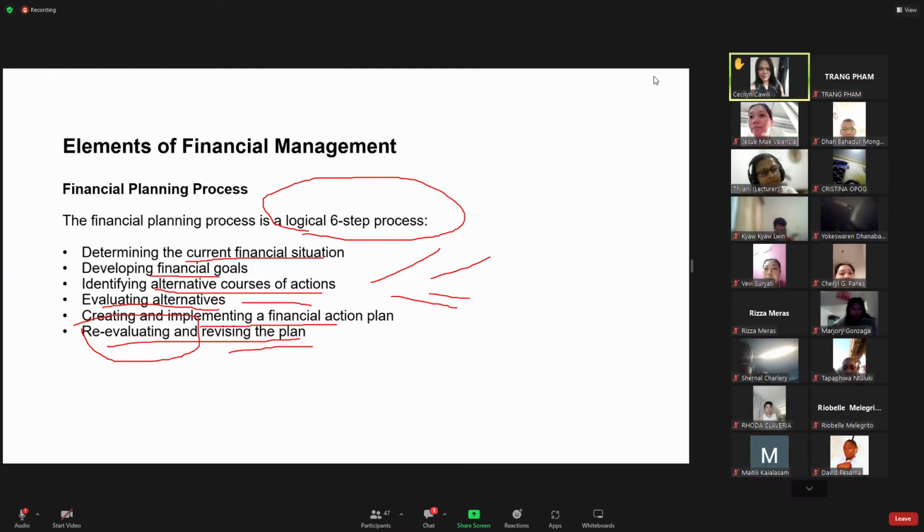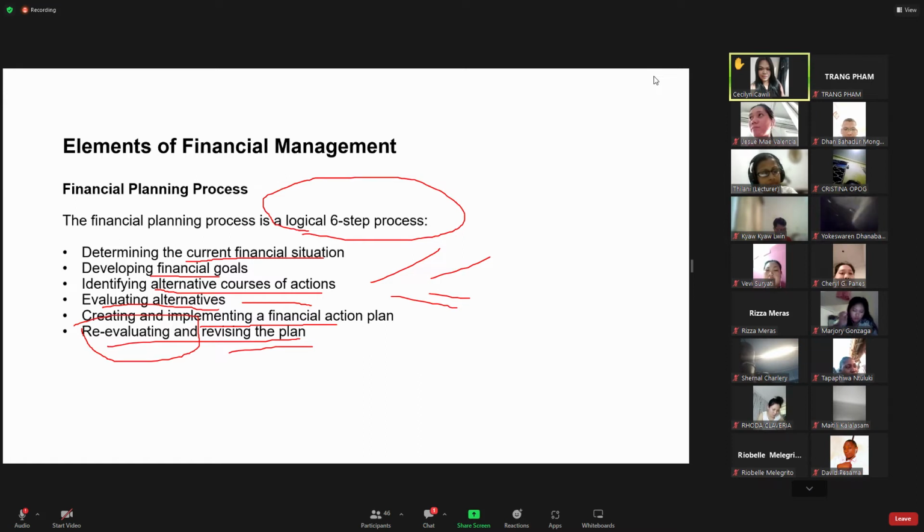I will give you a good example. Right now I am working in a rehabilitation center, which is becoming a medical center. First, we are already established as a rehabilitation center, so our current financial situation is good. So this one is checked.